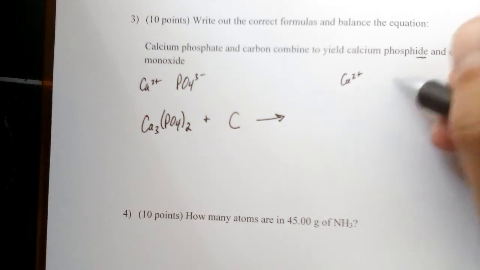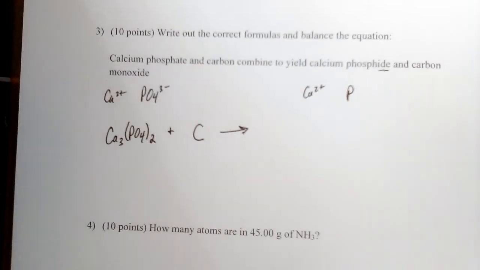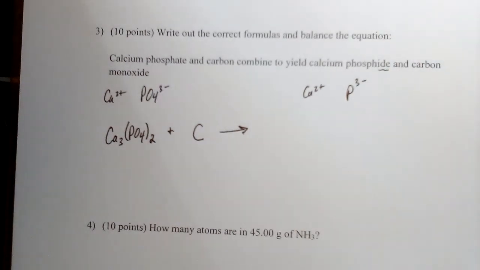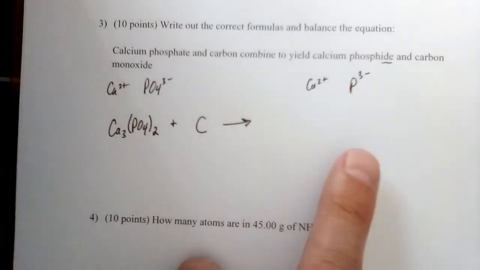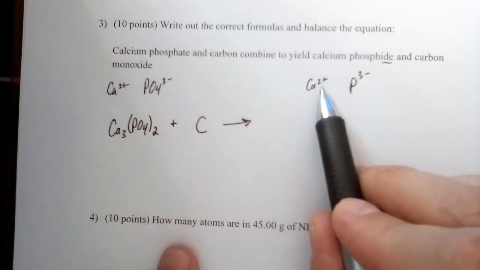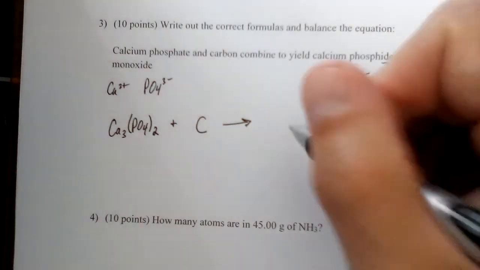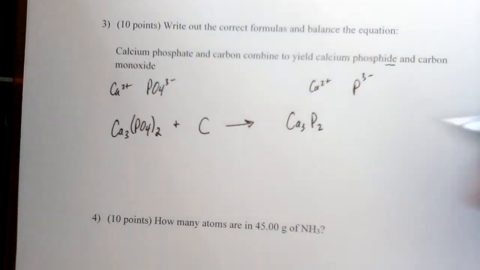Phosphide with the IDE at the end, that's the anion of the element phosphorus. So we find where phosphorus is on the periodic table. It also has a charge of -3, just like phosphate did. So calcium phosphide, we're still ratioing +2 and -3, so that again means we need 3 calciums and 2 phosphorus atoms.